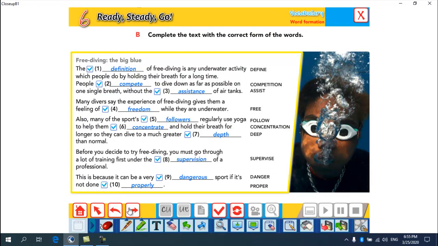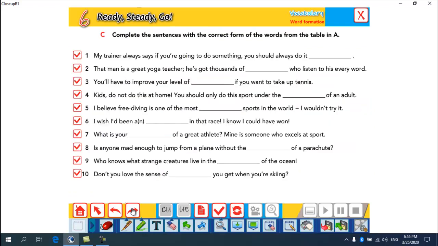Exactly. Let's move to the next exercise. C. Complete the sentences with the correct form of the words from the table in A. Again, our box. My trainer always says if you're going to do something, you should always do it properly. That man is a great yoga teacher.